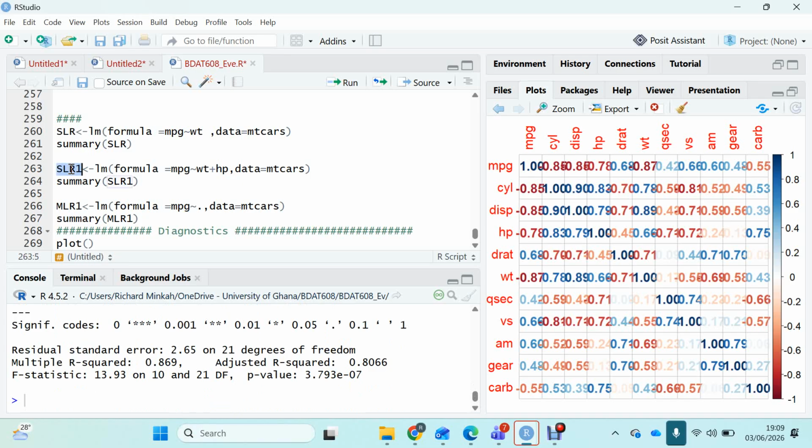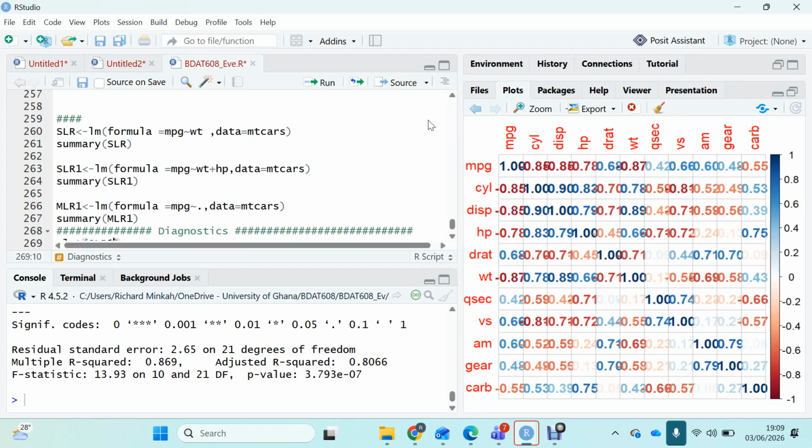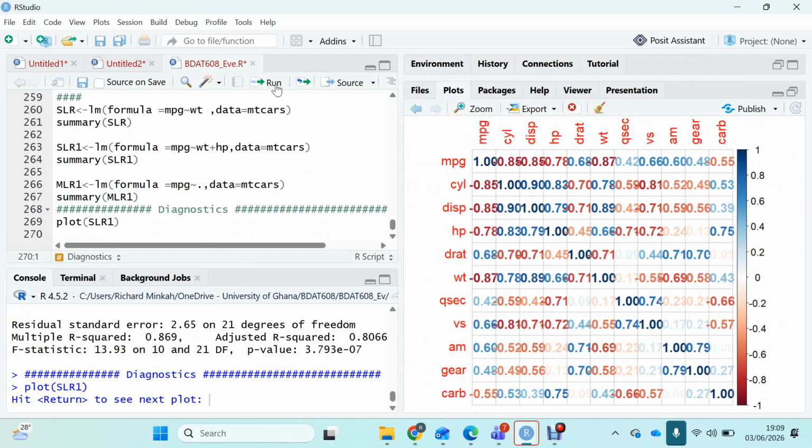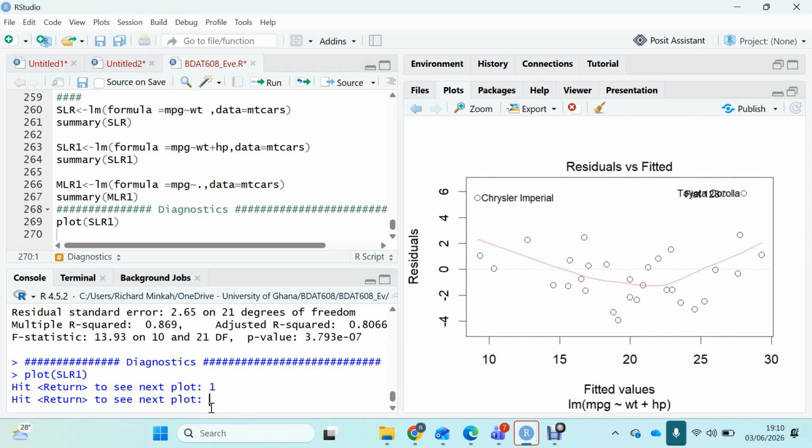This one too is highly significant. So the overall regression is highly significant. Do you remember what you did yesterday? So that we can do it again.